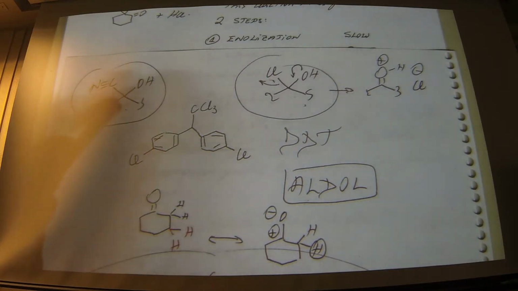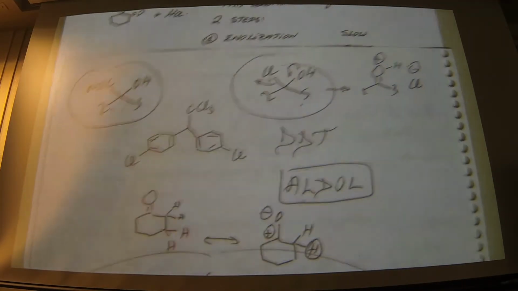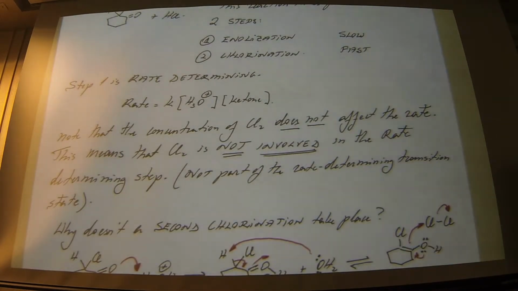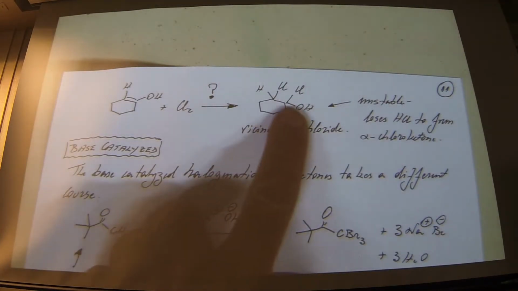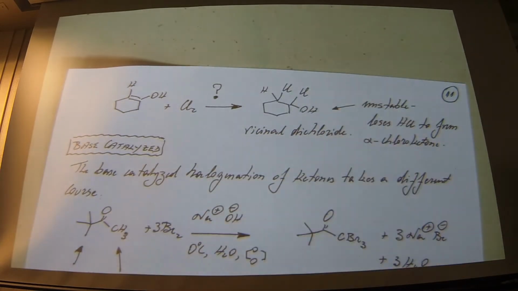And so that's why this is stable and that's not. I keep saying this, but I mean it. You guys need to always think about acid-base chemistry. Most of what we do kind of goes back to that, and that's how you can understand why that doesn't happen that way. So the dichlorohydrin, which you would have gotten, is unstable, and it loses HCl to form the chloroketone, as I showed.